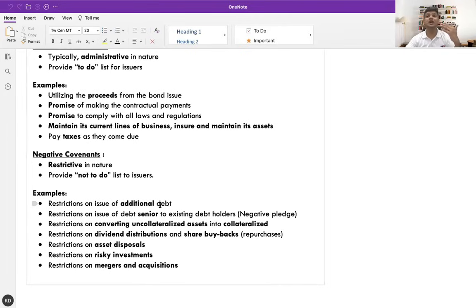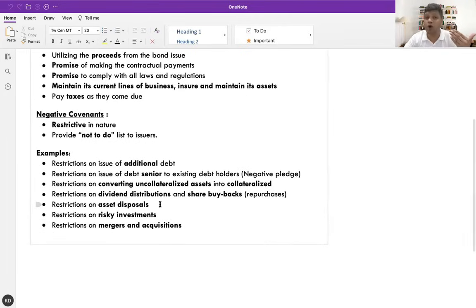So what should the borrower not do, or what should they be restricted on? There are restrictions on the borrower in terms of raising additional debt, the restriction that they first have to pay the senior debt and then the others, and restrictions on converting uncollateralized assets into collateralized ones. So for an asset where no collateral was provided, you now cannot provide collateral to that asset before others are paid, right?